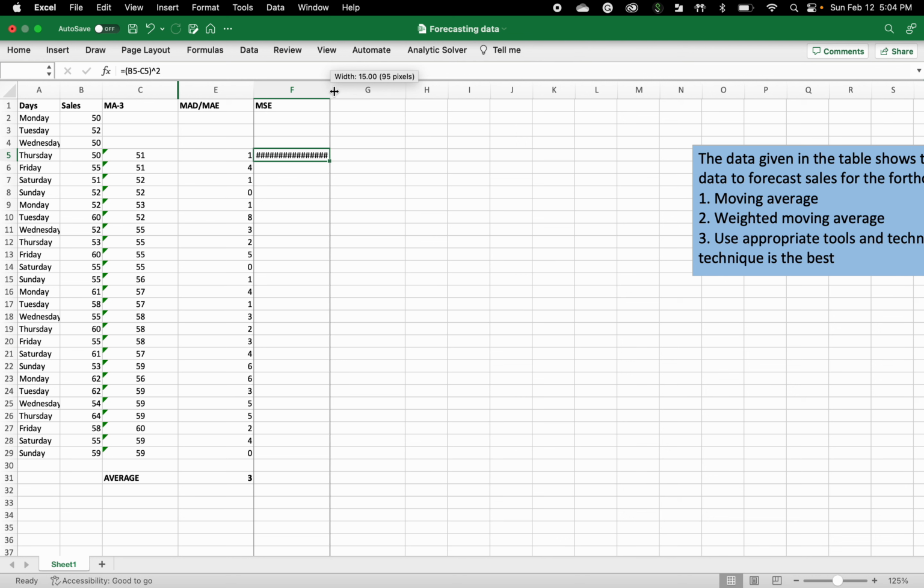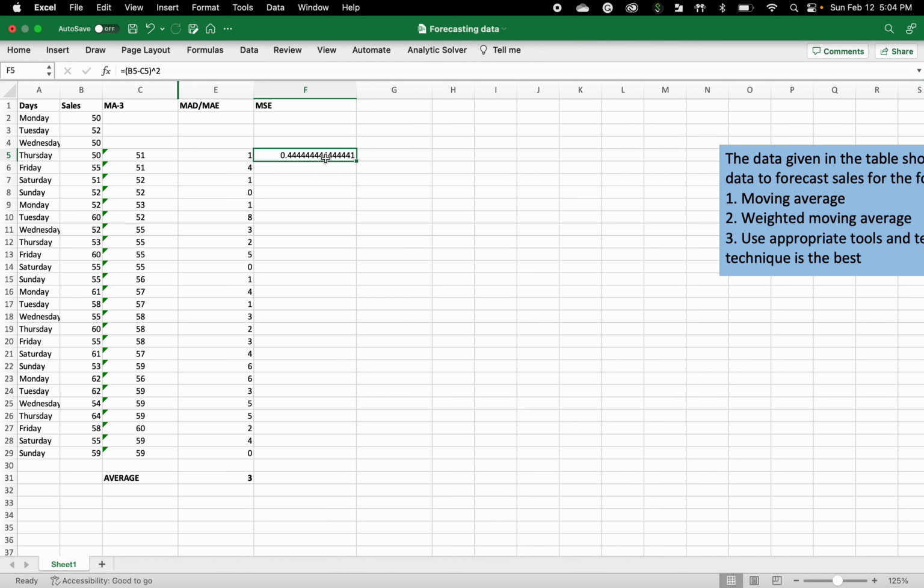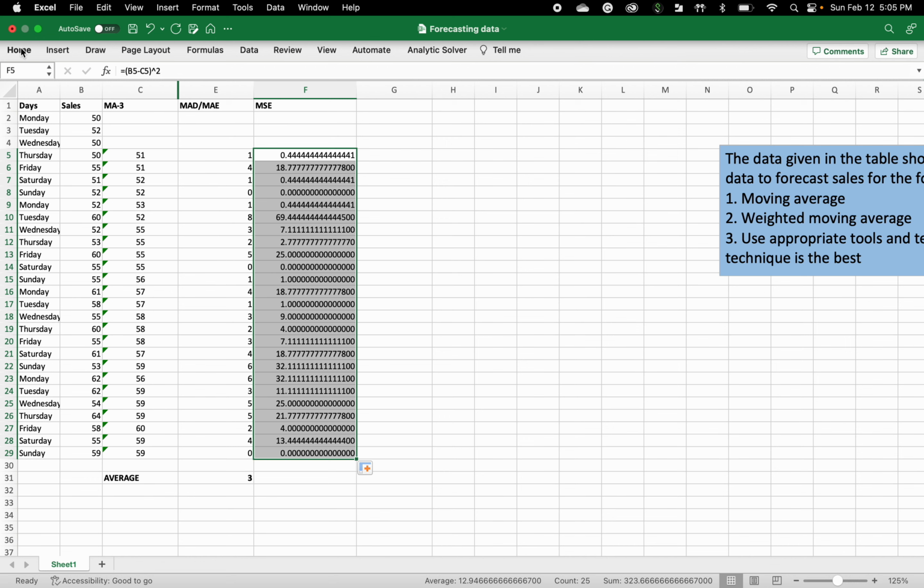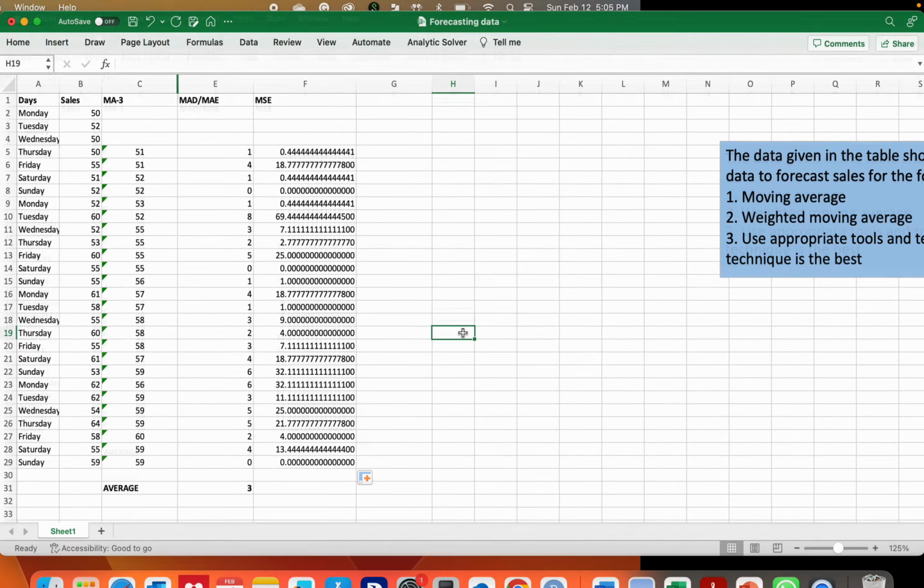Okay, if you further expand this one, so it is equal to 50 minus 51, and we take square, and then we drag it down to this level, and I want to reduce those numbers.